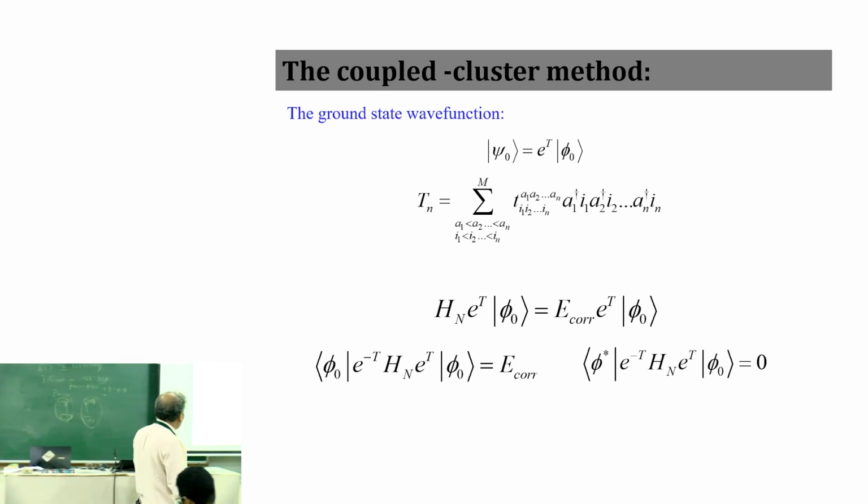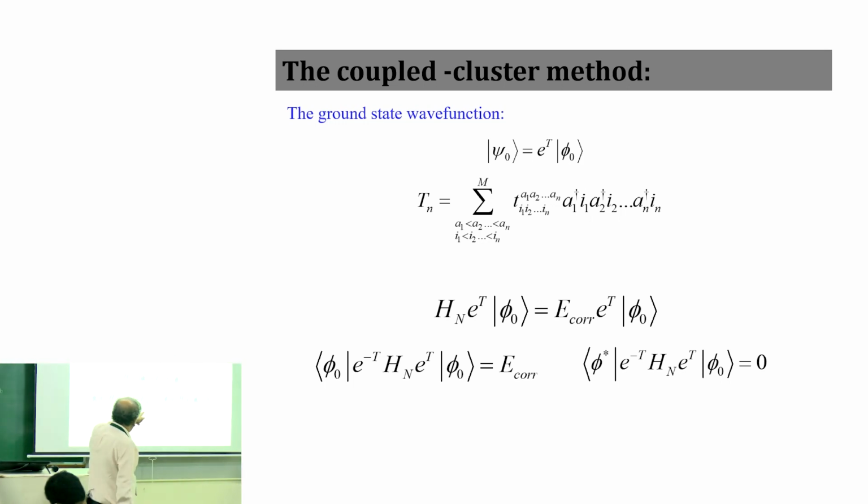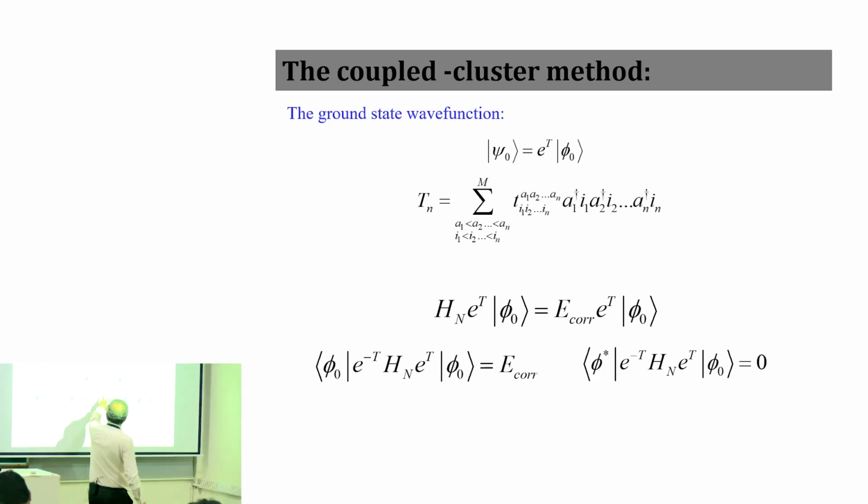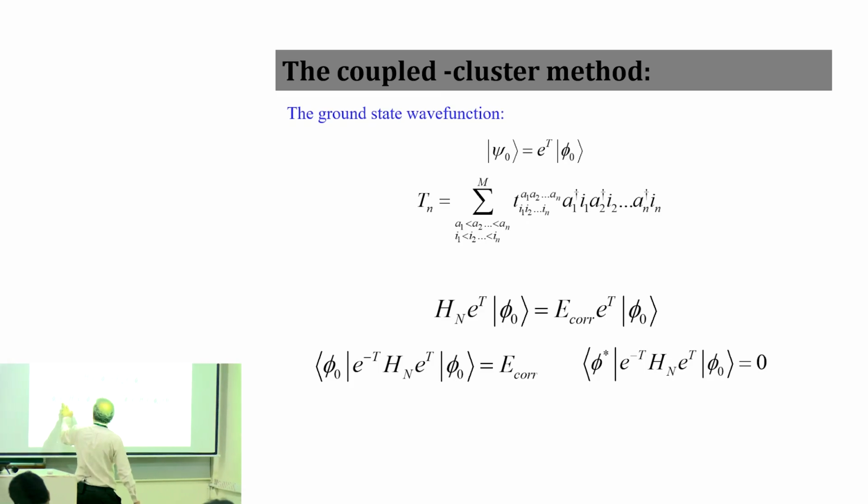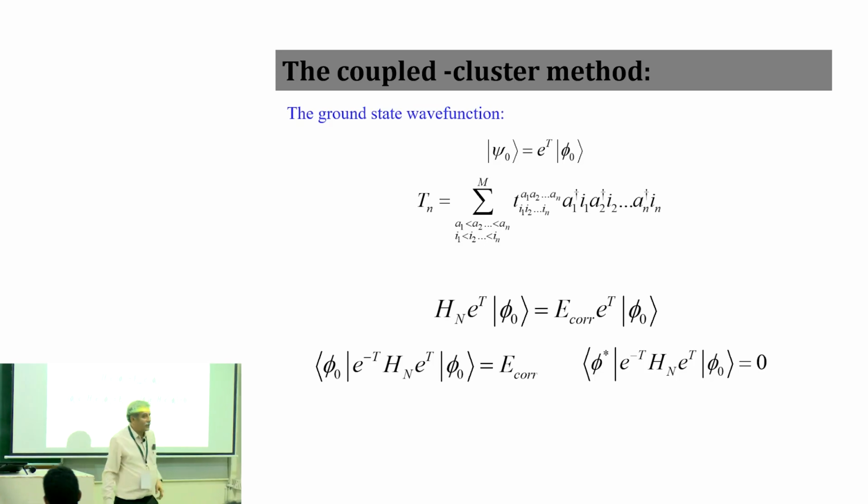And then if I project the same thing with these excited determinants, depending on the number of T's, if I have doubles, then only doubly excited. If I have singles and doubles, the projections will similarly become 0, because now this phi e to the power minus t will get cancelled, and you will have only phi star, phi 0. So they are orthogonal. So they will become 0.